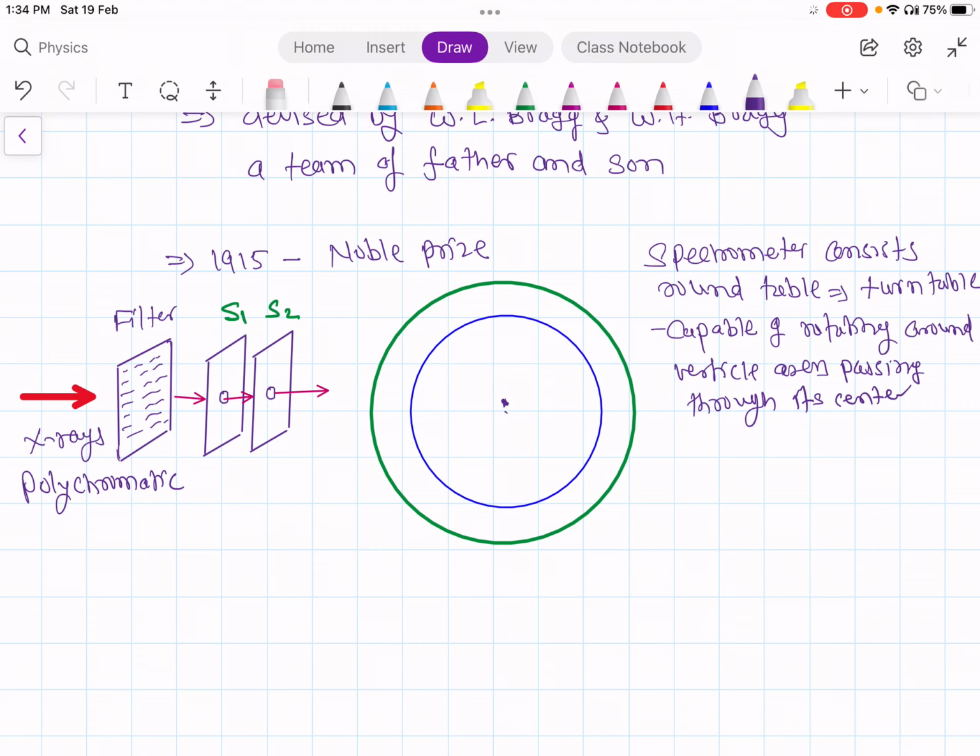This table has a scale S and a vernier scale. So the scale is marked on this table, from 0 to 360 degrees, as it is a round table.